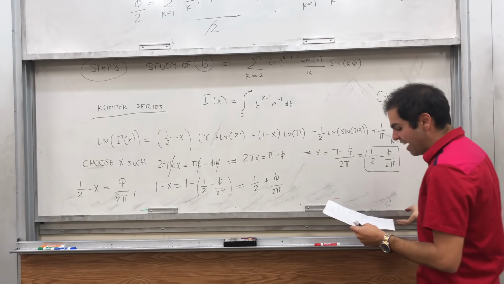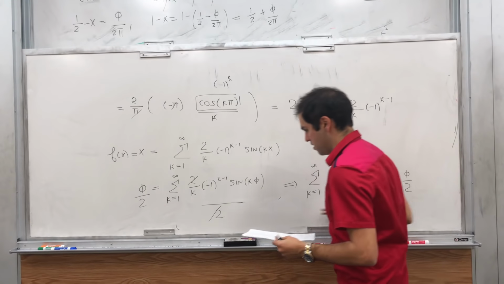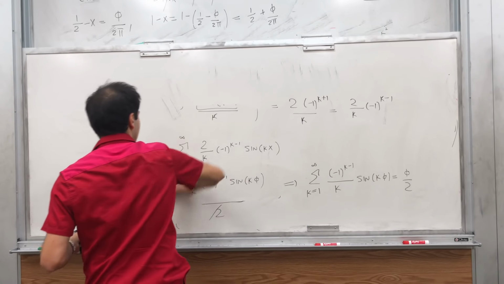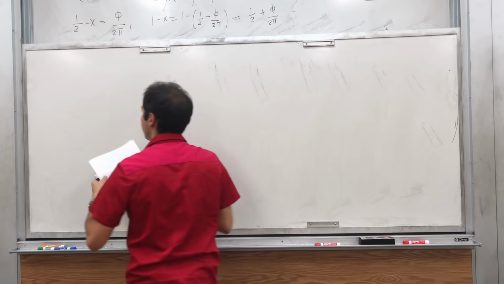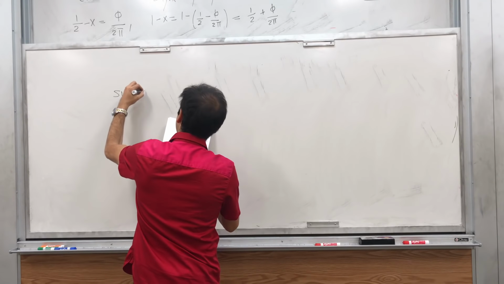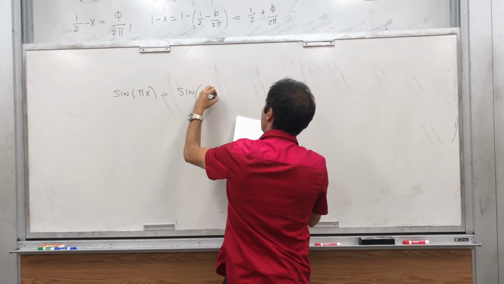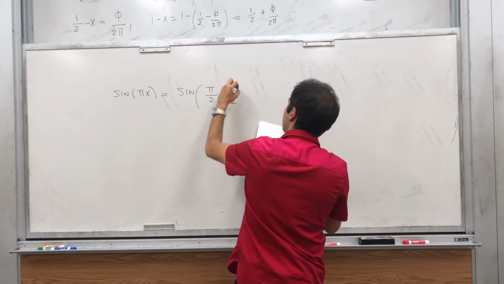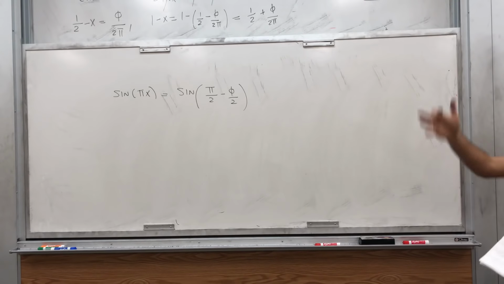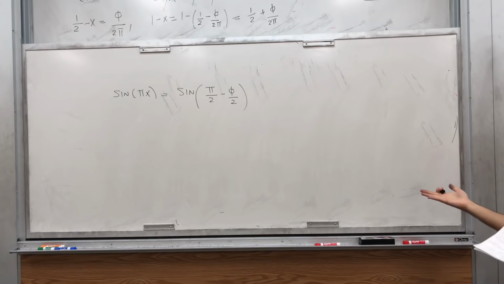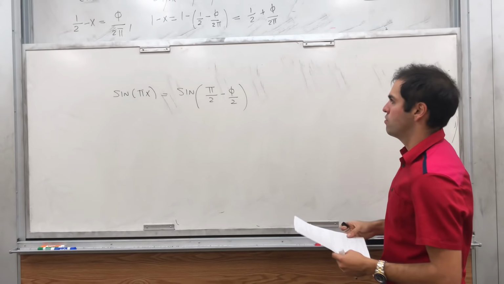And then, let's see, sine of pi x. What is that? Sine of pi x becomes sine of pi over 2 minus phi over 2, because x was 1/2 minus phi over 2 pi, so multiplying by pi we get pi times 1/2, which is pi over 2, and pi times phi over 2 pi, which is phi over 2.